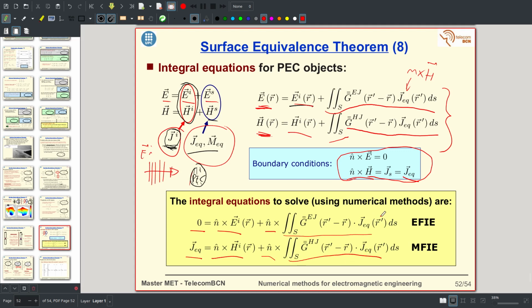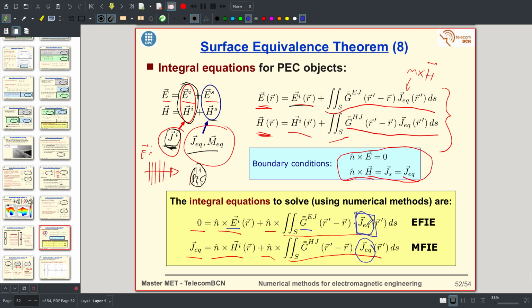And now we have two equations, and in these two equations, we know everything except the equivalent electric current, which is the unknown. So we have these very simple equations where we know the incident field, we know the Green's function, and we have an unknown, which is the equivalent current.